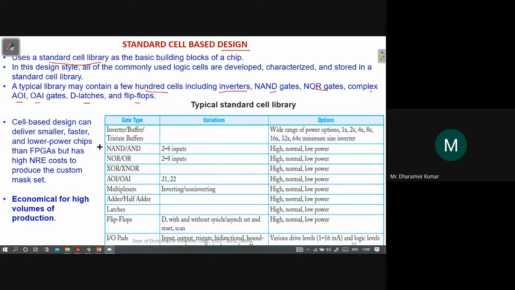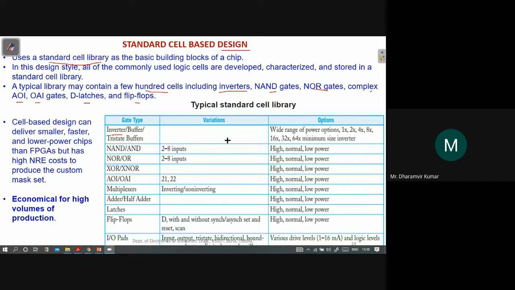For example, here, look at this: inverter, buffer, tri-state buffers. Inverters, buffers and tri-state buffers are available in the typical standard cell library, and there are many flavors of these gates. There is a wide range of power options: 1x, 2x, 4x, 8x, 16x, 32x, 64x times the minimum sized inverter.